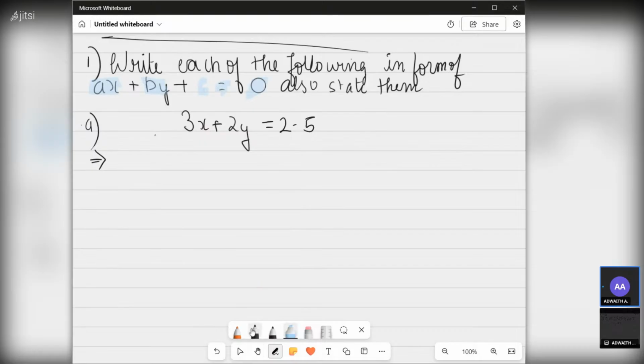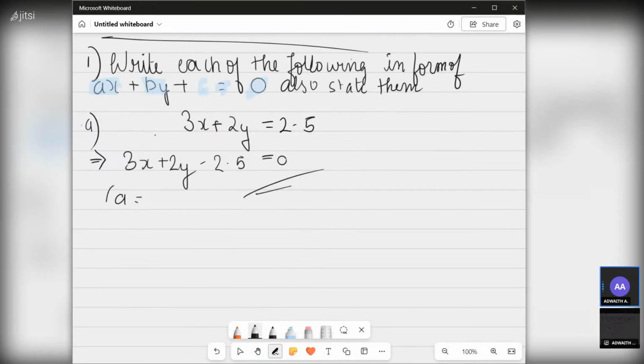We're going to state: is this already in the form with c? No. There isn't a c. So what we'll write is 3x plus 2y; this we have to bring to this side, minus 2.5 equal to 0. So what is a, b and c?